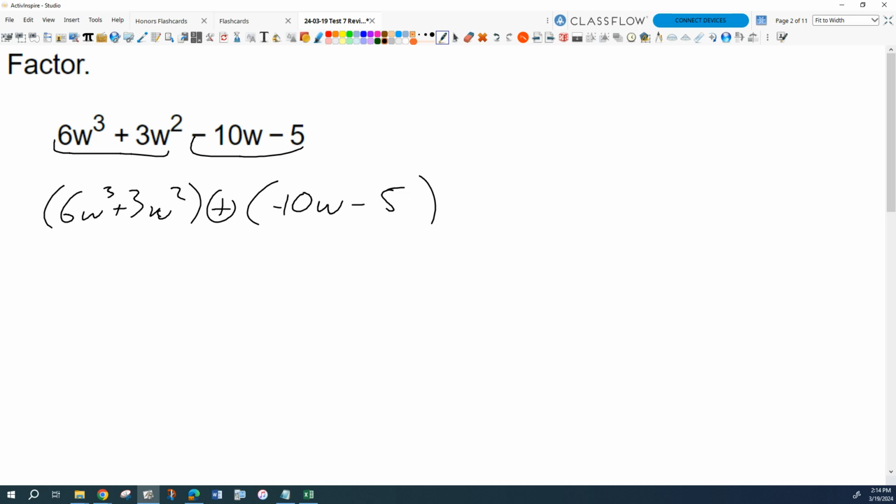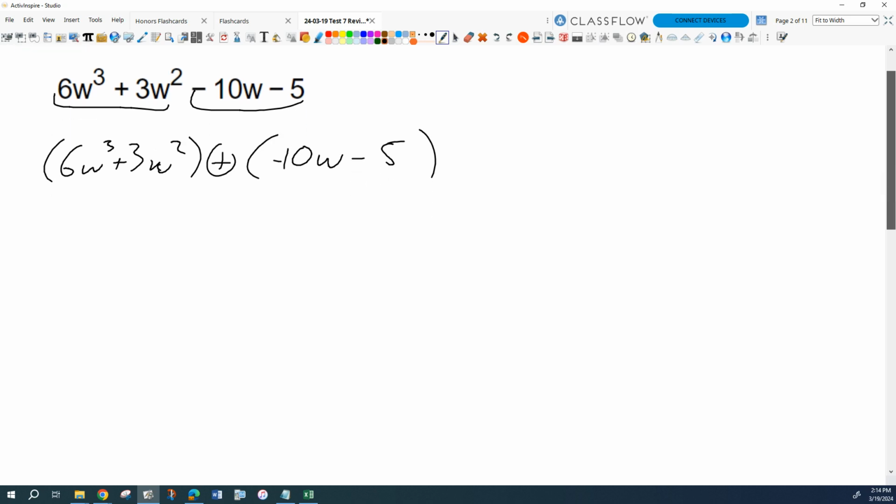Where people are having some trouble with this is either they're forgetting to put an operation between the groups, since it looks like multiplication, or when there's a negative there, they end up with a minus sign between the groups and that messes them up. It should always be a plus sign between the parentheses that enclose the groups. Okay, you'll see how much easier this is when we do it this way.